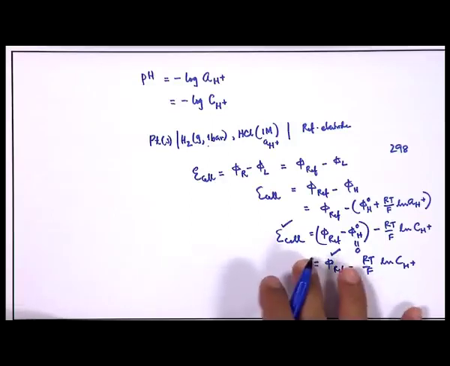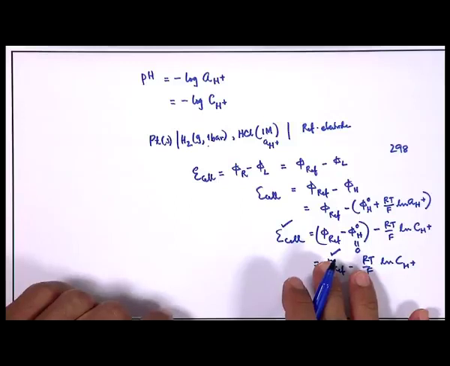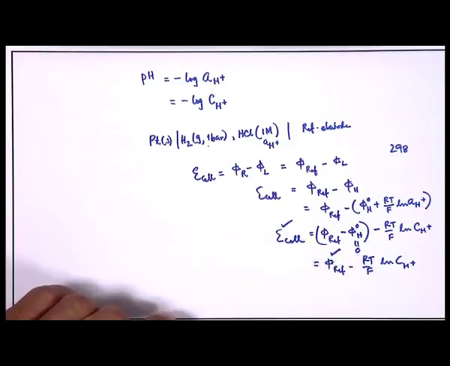So, this is one example. Nowadays various types of hydrogen, proton reversible electrodes are there.